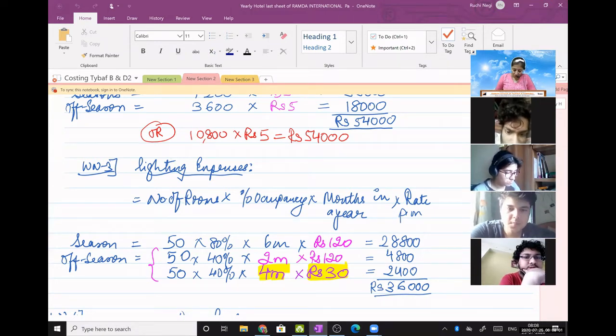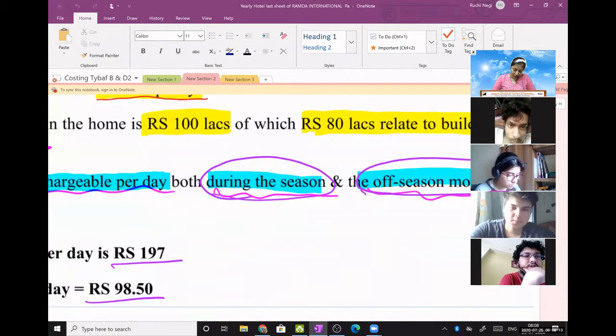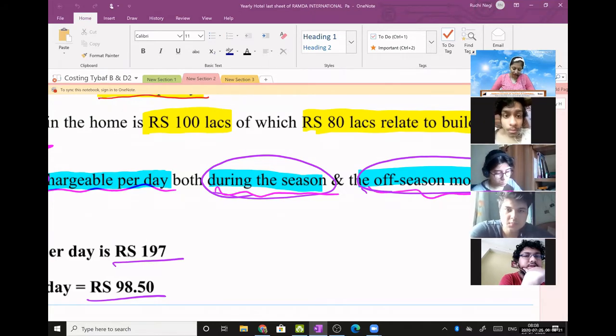So today we have to prepare the hotel cost sheet, and they have asked us to calculate the room rent during the season and off season. We haven't done this type of sum before, where we calculate the season and off season rent.